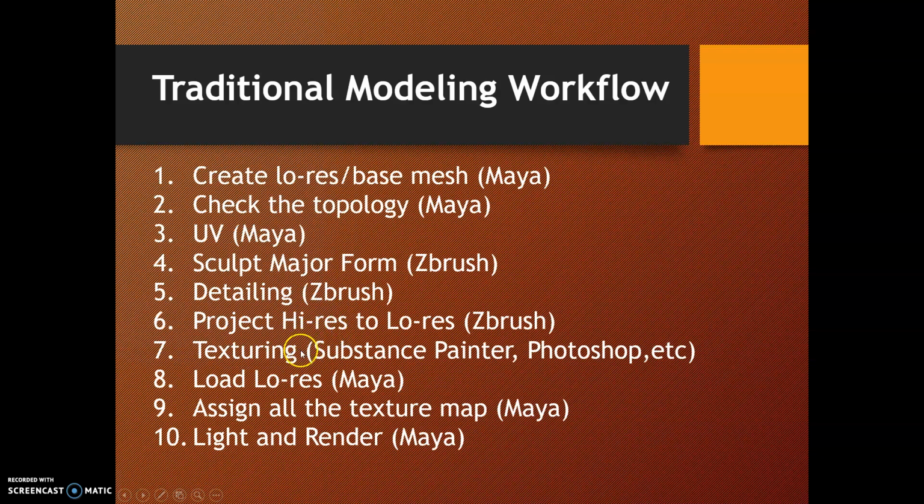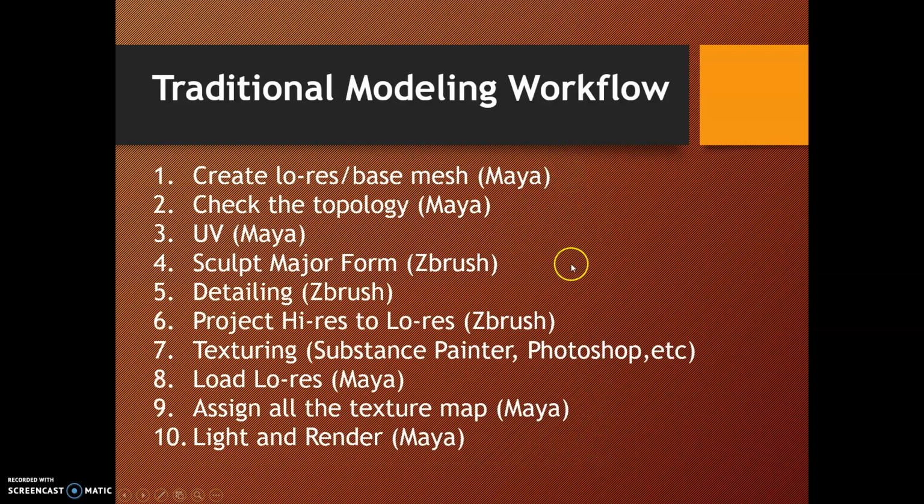Once finished, you can do texturing and go back to Maya. Then you can export whatever you have in ZBrush, assign all the necessary maps in Maya, then light and render. So this is basically the menu we have for this term.